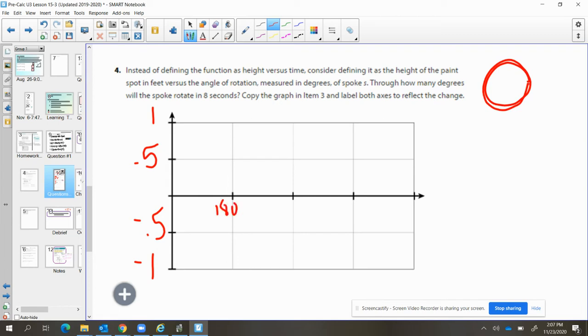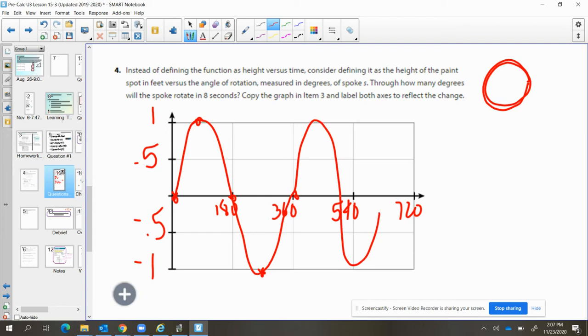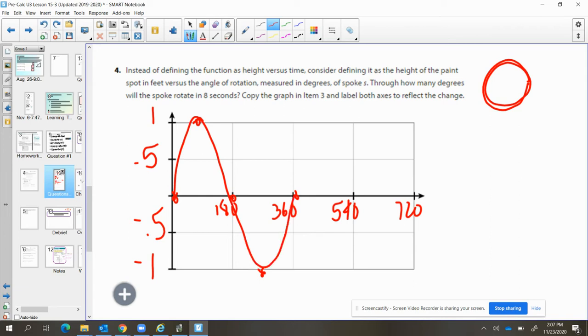So what's happening with our graph is we see 2 full revolutions in these degrees, which means it would look like this, where we go up, down, back to the beginning by 360, same thing here. Oops, last part was a little off. So we're here, and then same thing here, we have to repeat there as well.